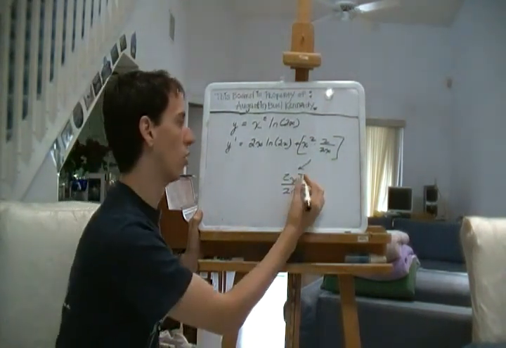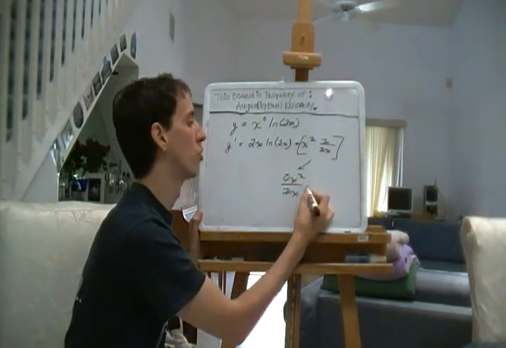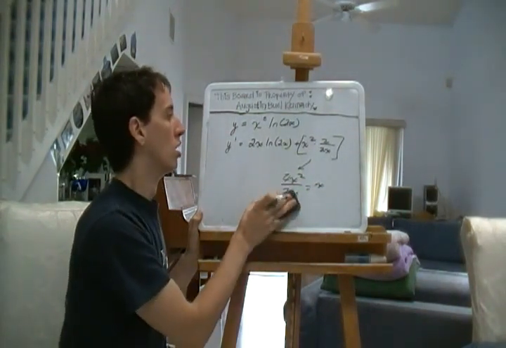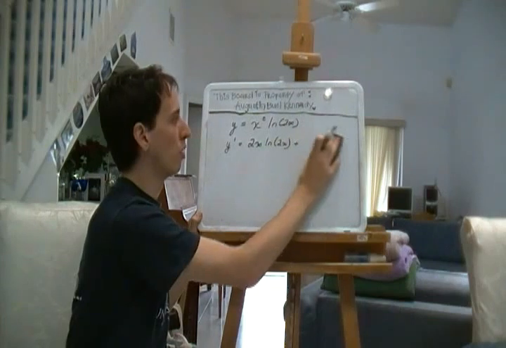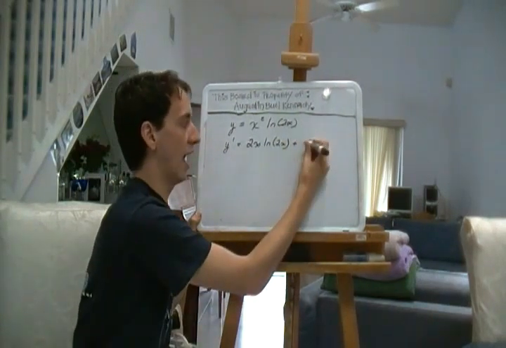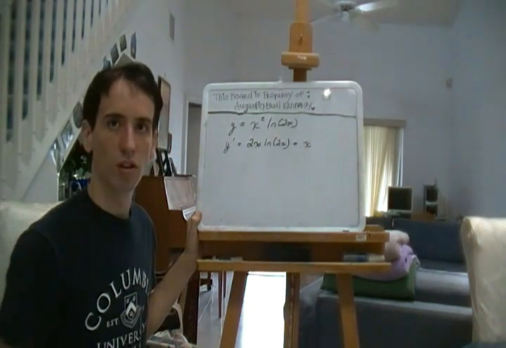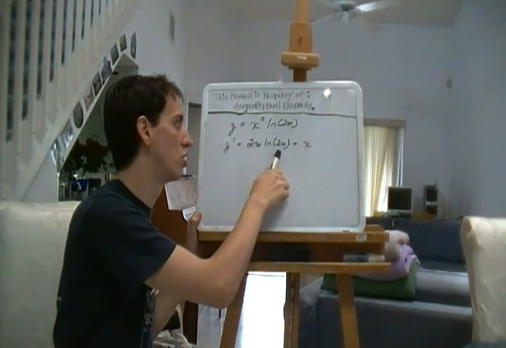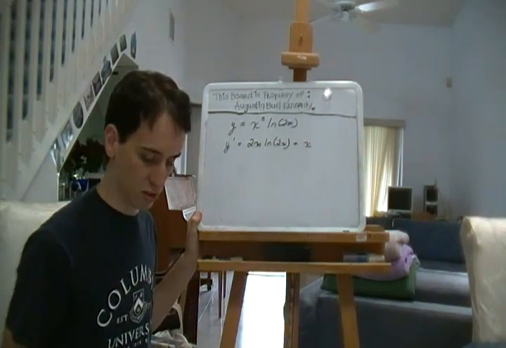And with that, we know that these are going to cancel and reduce, and we're going to be left with x. So really, the derivative of the second part of this product rule is just x. So there you go. Y prime equals 2x times the natural log of 2x plus x.